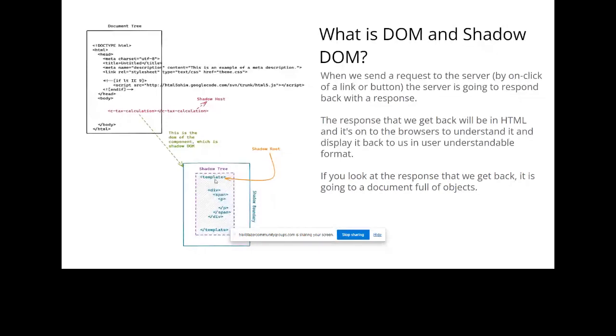The shadow DOM is something that you embed in your web page, and it describes how the HTML the browser is sending is turned into user understandable language. So that's all about shadow DOM and DOM.